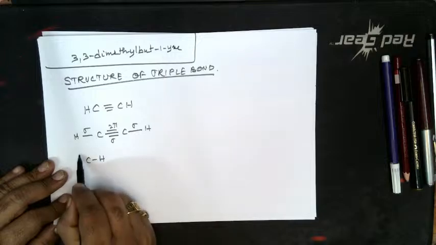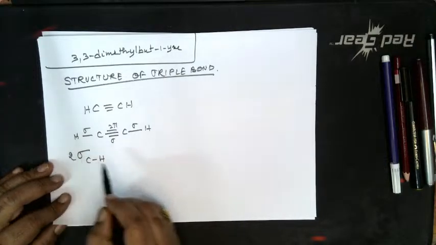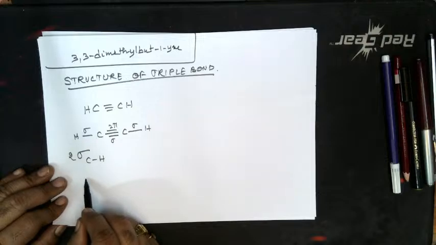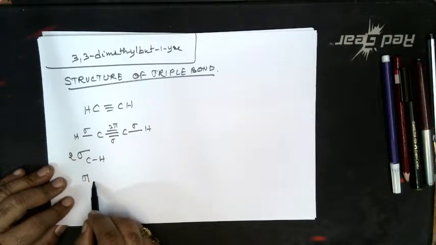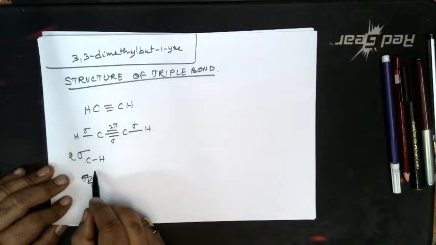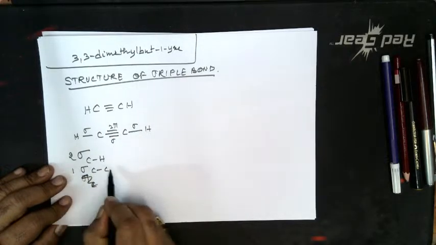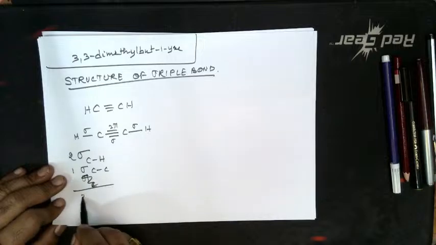So sigma CH, how many? 2. And for CC, you have one CC sigma bond. That is only one sigma bond. So totally 3 sigma bonds.